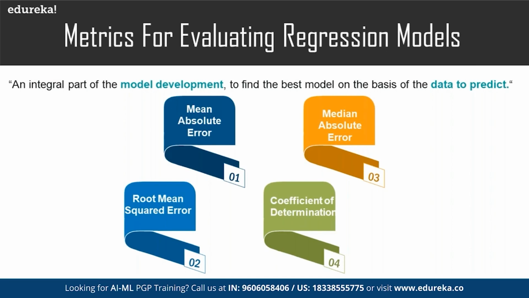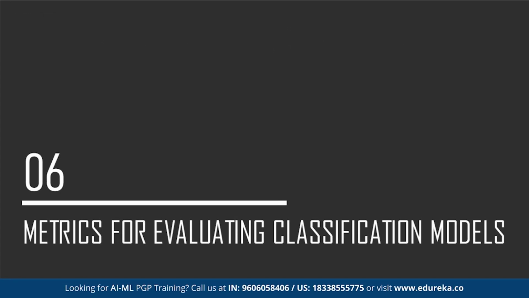So the next one would be metrics for evaluating classification models, and here we will go in depth, talking about different types of evaluation metrics, otherwise called performance metrics, or also known as error metrics. And we do it here for the classification task.